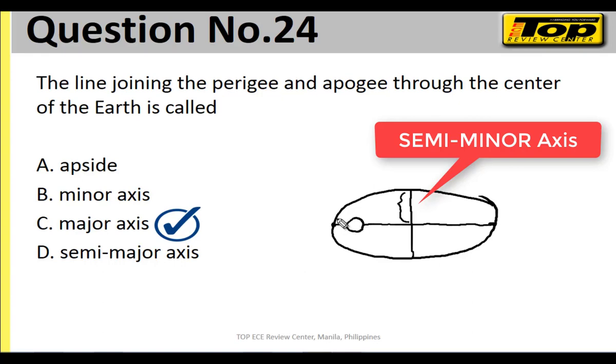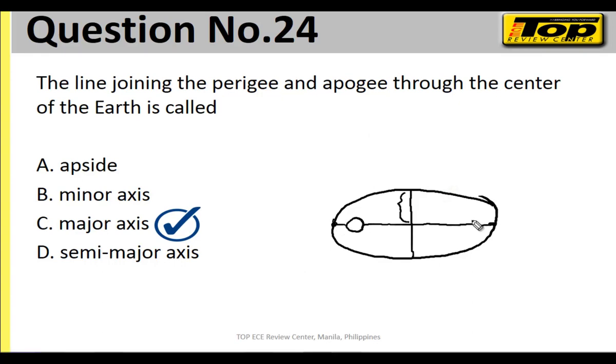By the way, the major axis, may iba pa ring tawag diyan. Ang tawag diyan is line of apsides. Okay, so line of apsides is the line joining the perigee and the apogee in a satellite orbit, an elliptical orbit. Okay, so tandaan po natin yan ha. Major axis is also known as the line of apsides. Okay?